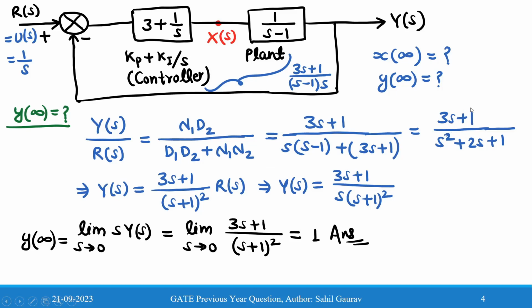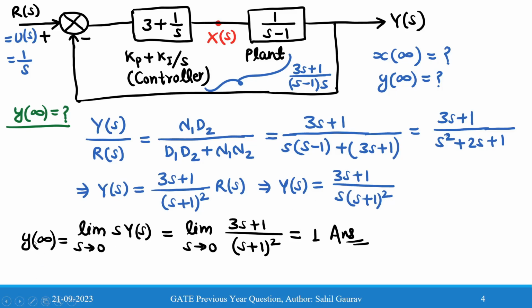So we get the transfer function as (3s plus 1) divided by (s square plus 2s plus 1), which is nothing but (s plus 1) whole square. So we get Y(s) as (3s plus 1) divided by (s plus 1) whole square into R(s), where R(s) is the Laplace transform of the unit step function. So we get Y(s) as (3s plus 1) divided by s into (s plus 1) whole square.